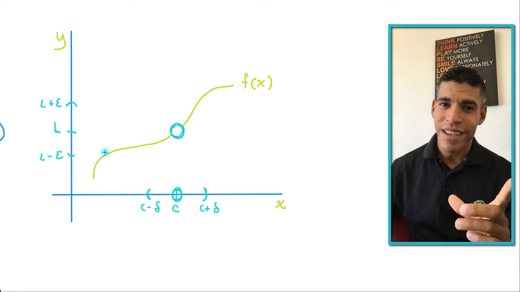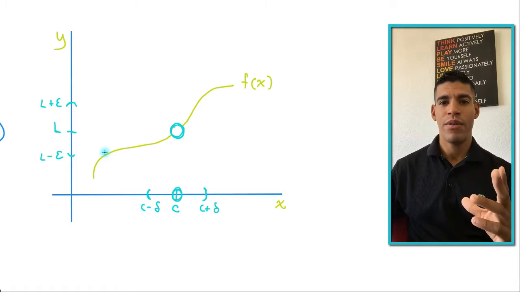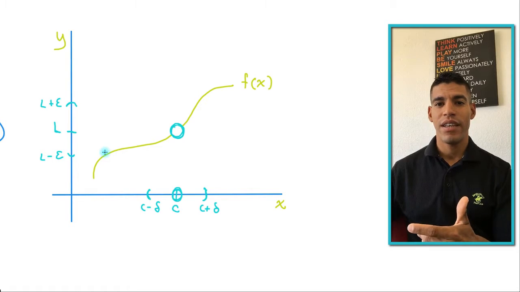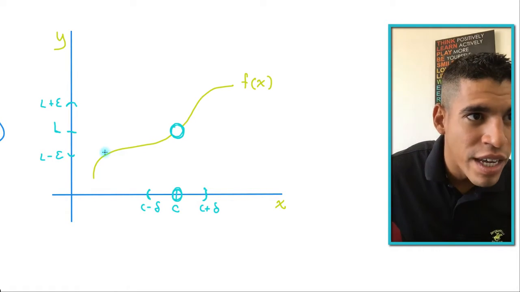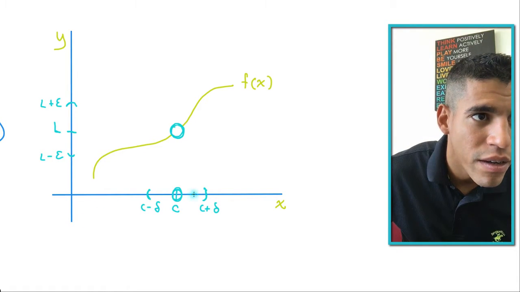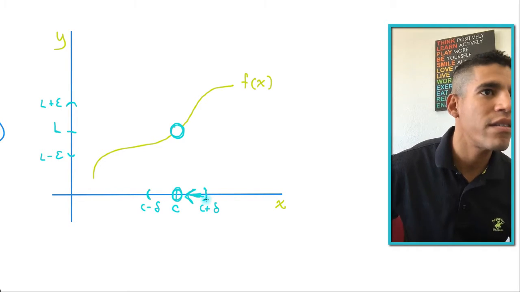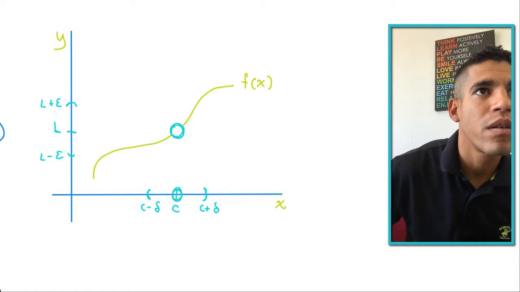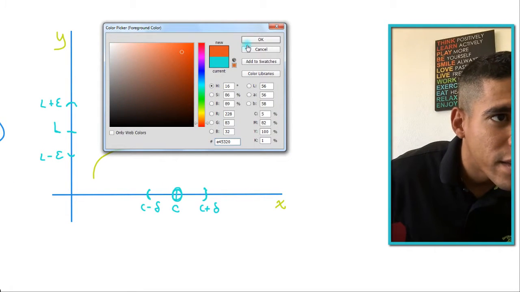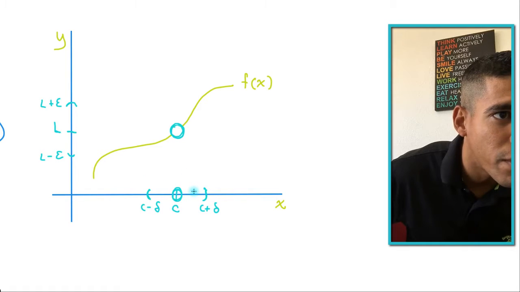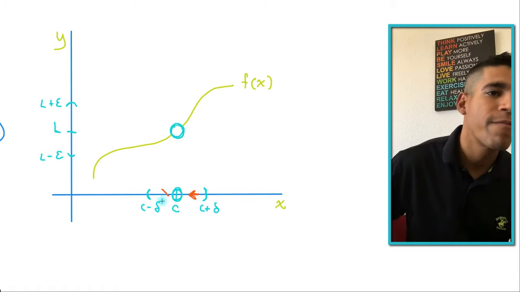So remember when I said the arrow, right? X approaches c. So x is approaching c in both directions. So x approaches c from the right of c, and x is approaching c from the left of c.